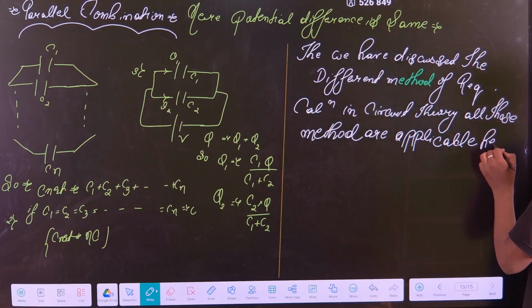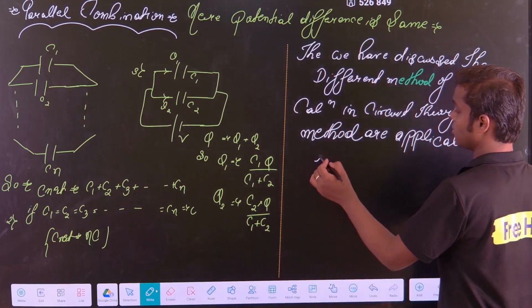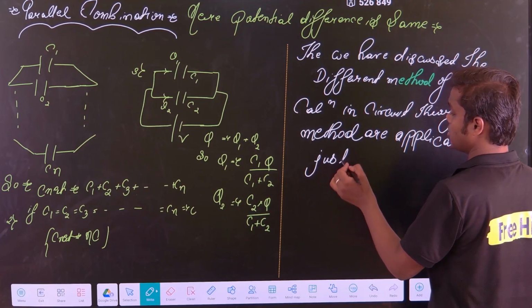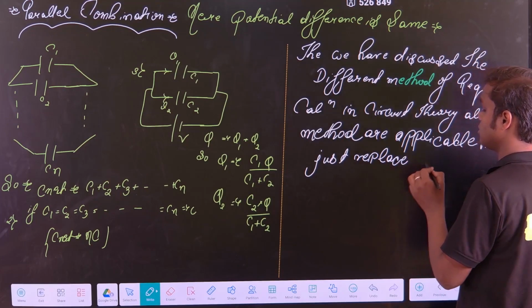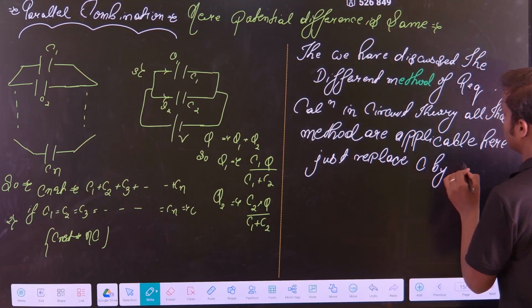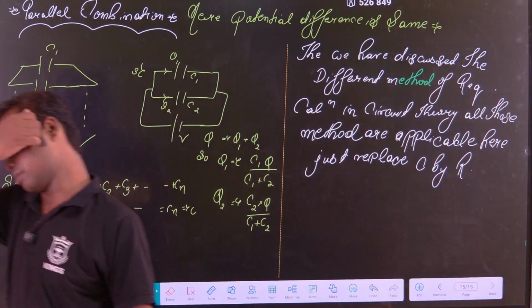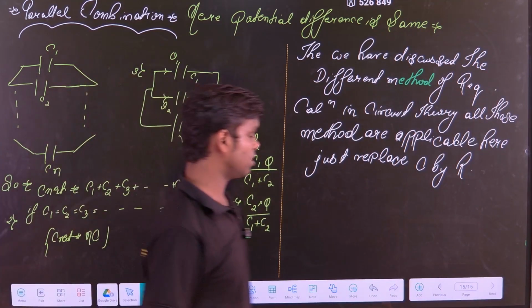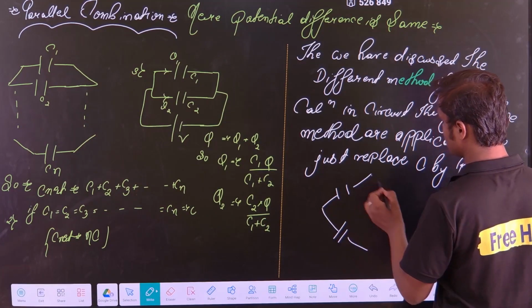here. See, we have seen a lot of symmetries and a lot of things. Just replace C by R. And if you remember, we have seen the Wheatstone bridge, correct? So here also we can make a Wheatstone bridge like this. No issue.